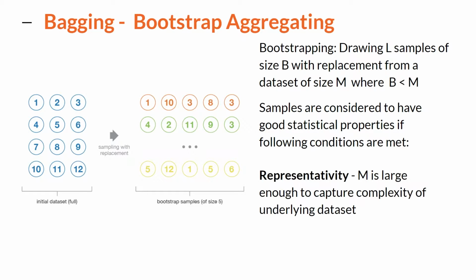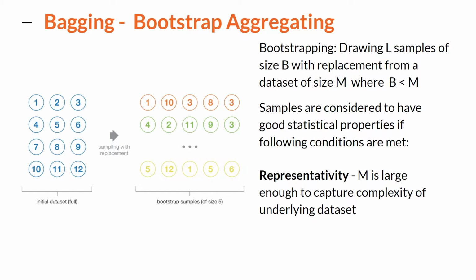So first up is representativity. Now you want M to be large enough to capture the complexity of the underlying data set. So let's remember that unless you're conducting a controlled laboratory experiment, you rarely have access to the true underlying data set.